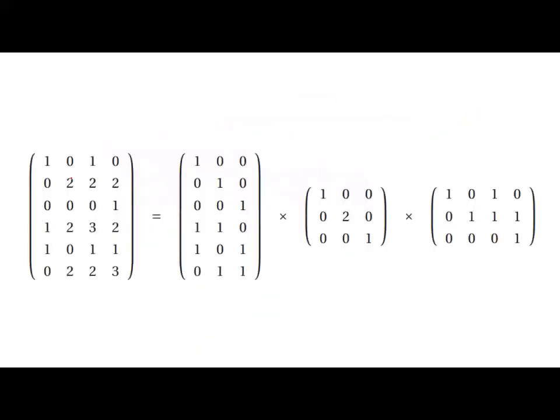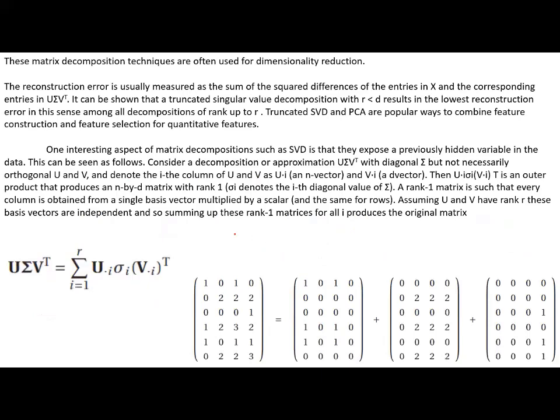For example, if you consider another matrix 1 0 1 0 0 2, similarly you can easily construct eigenvectors. The multiplication of this gives you this. This matrix can be decomposed into 3 matrices.